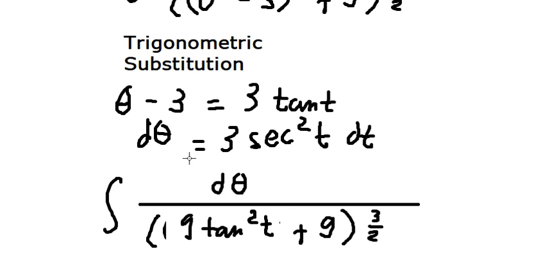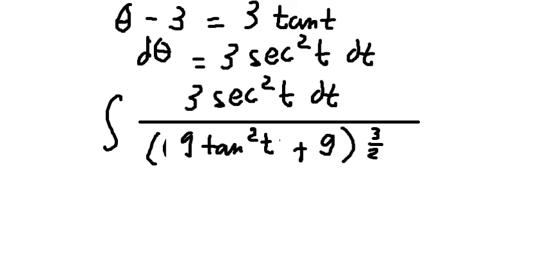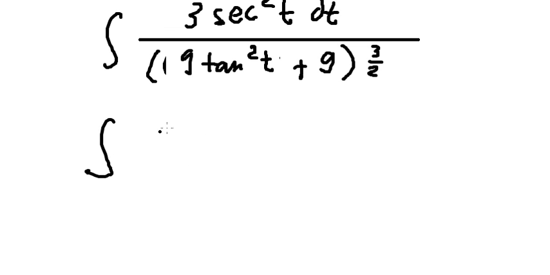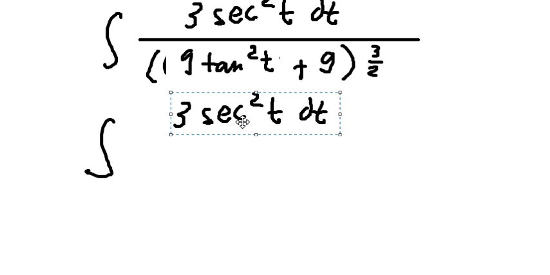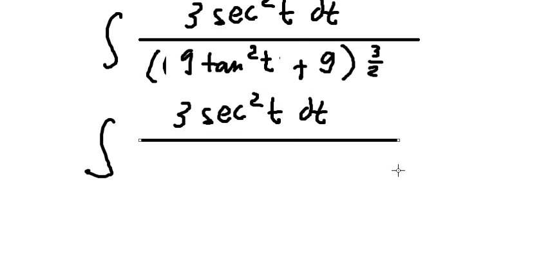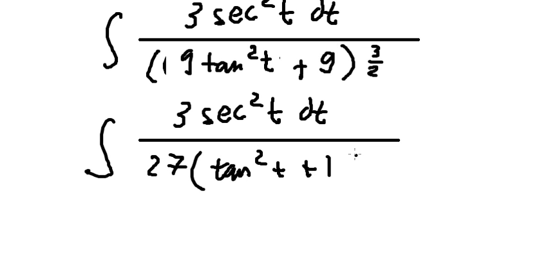We change for this one. We can do factorization with 9. So you got 9 to the power of 3 over 2, and you got 27 tan t squared plus 1 to the power of 3 over 2.